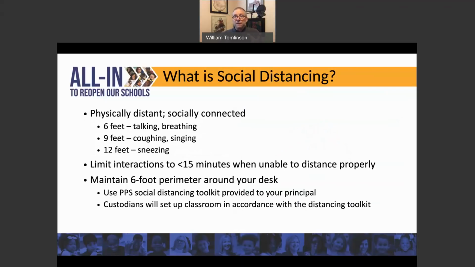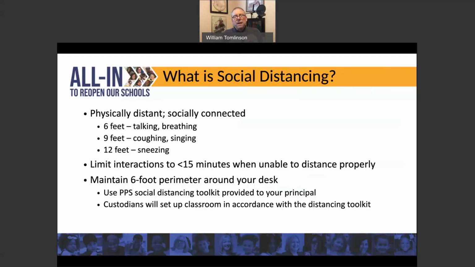Now, sometimes physical distancing isn't practical. You can't maintain 6 feet. Well, in those cases, you want to limit your interaction to less than 15 minutes. Public health guidance says that 15 minutes or more within that distance increases the risk of exposure. Now, the classrooms will be set up by plant operations in accordance with a physical distancing toolkit that is provided to the principals.